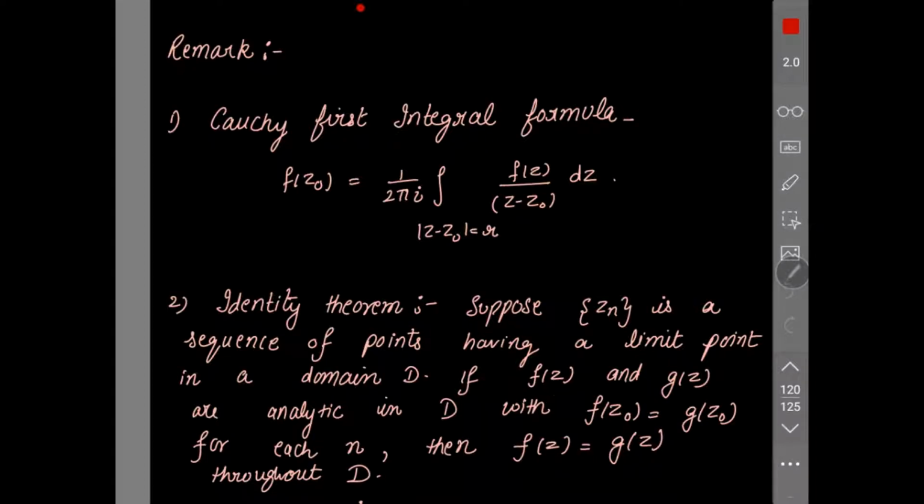And if you have two functions f(z) and g(z) which are analytic in D, with the condition f of zn is equal to g of zn for each n, then f(z) equals g(z) throughout D. So whenever you have a function which is analytic in the domain, and also a sequence of points having the limit point in that domain, then if the two functions are equal at the points zn for every n, that condition will be true for the whole domain, right?